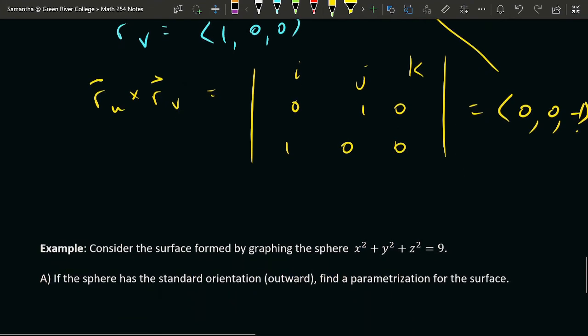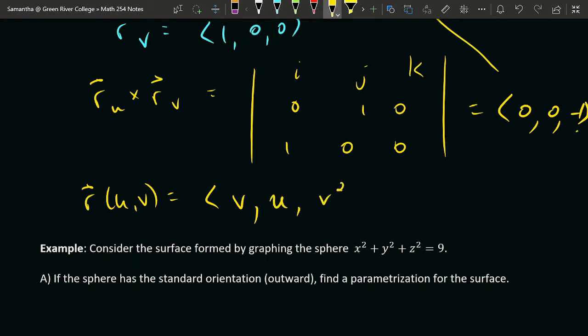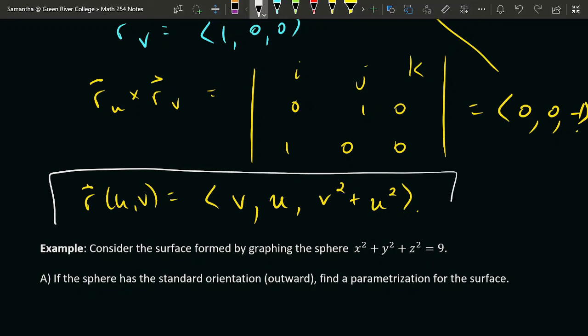And therefore, this formula, where x is v and y is u, and x squared plus y squared becomes v squared plus u squared, would be the parametrization for this paraboloid with the downward orientation.